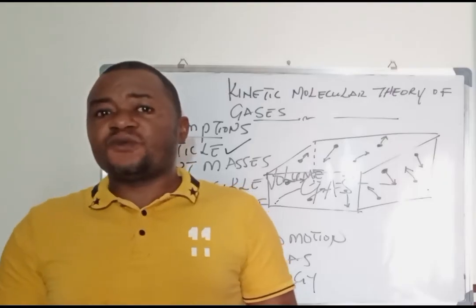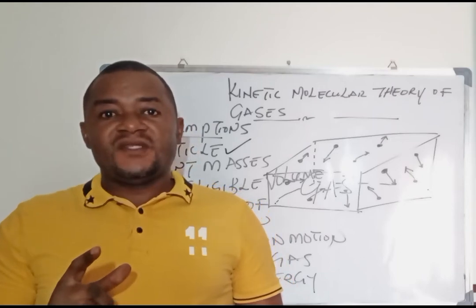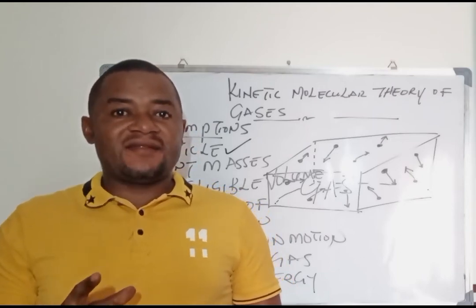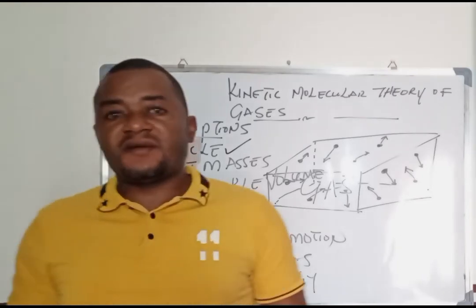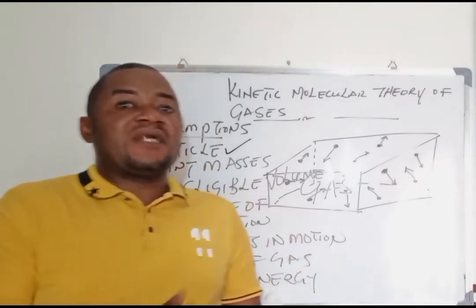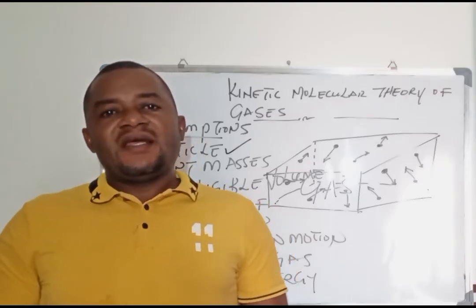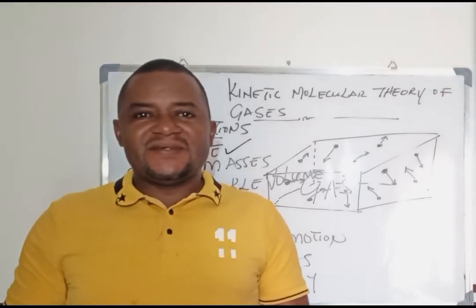That was the very first assumption, and it was very paramount. The gas we see and call gas that looks like ordinary air possesses a large number of atoms and or molecules.